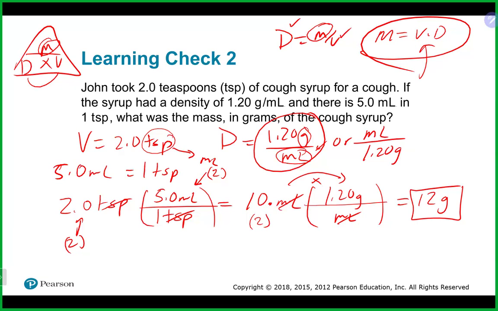A lot of formulas in chemistry, you pretty much can do that move without having to remember the equation or rearranging the equation. Just think about units you don't want and units you want to end up with and use things like conversion factors. Significant figures: this has 2, and this one we do need to look at, which has 3, which means we should end up with 2 in this case, which would be 12 grams.